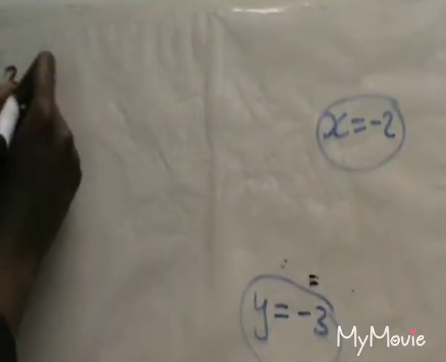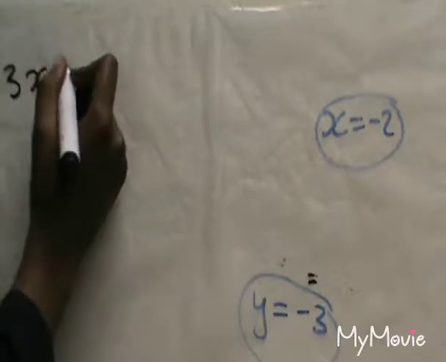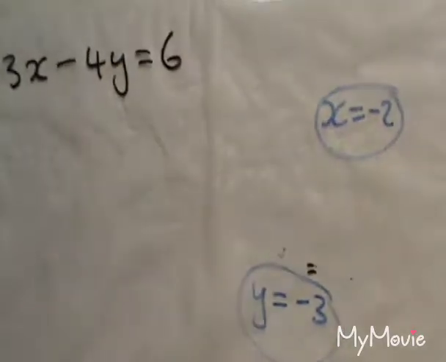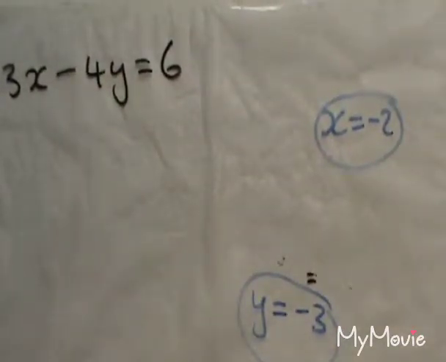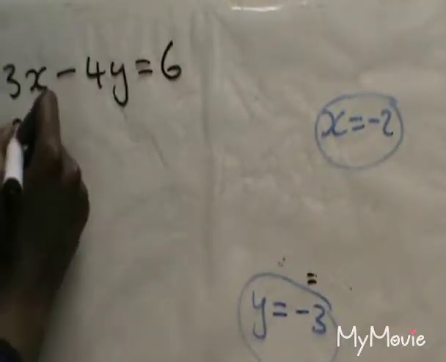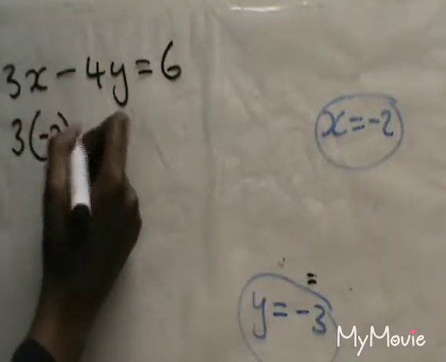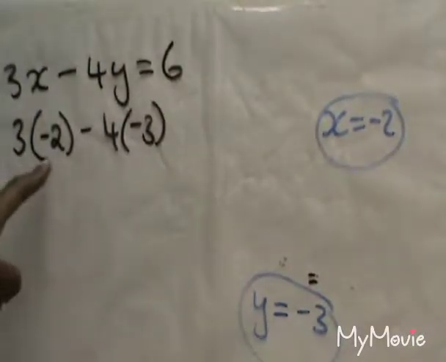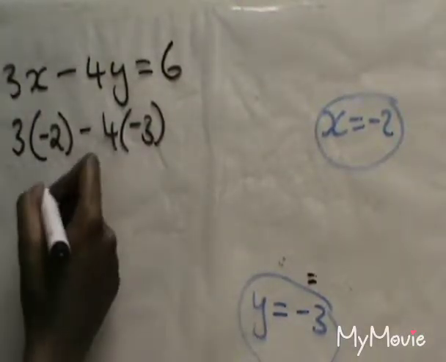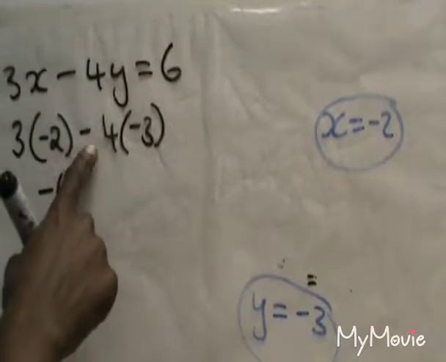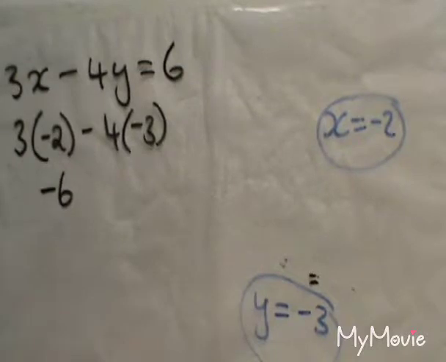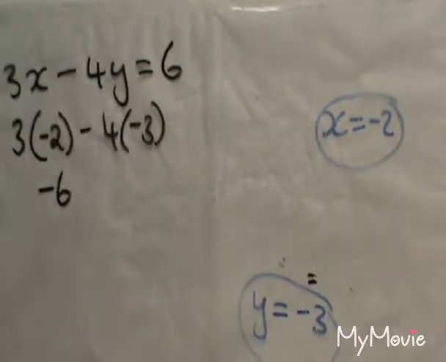Now remember, the original equation was this: 3x minus 4y. This should be equal to positive 6. So I checked that on my calculator, or just over here. So it's 3 times x, this is minus 2, minus 4 times minus 3. 3 times minus 2, this is minus 6, and then minus 4 times minus 3, this is positive 12.